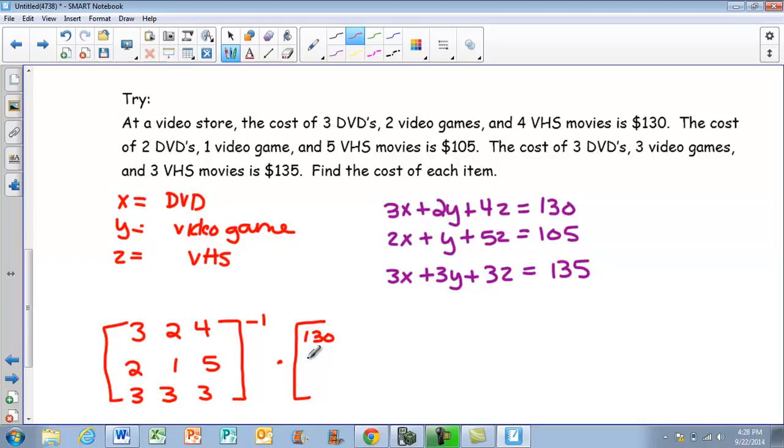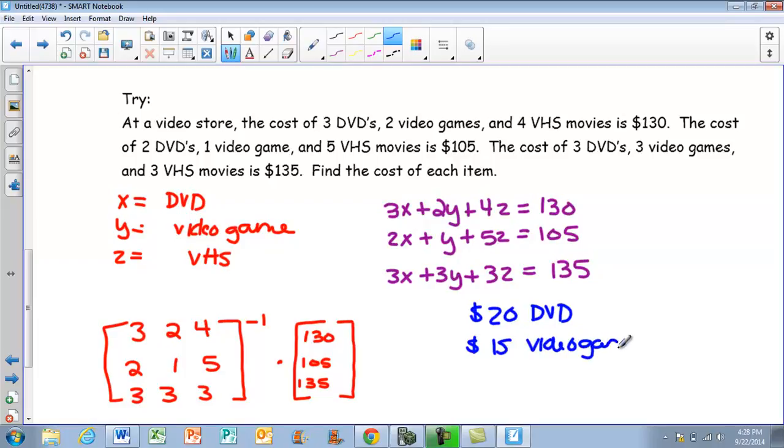So you're going to multiply it by 130, 105, and 135. And then you're going to go ahead and convert your answers. So your answers here should be $20 for a DVD. Then we have $15 for a video game. And then it is going to be $10 for a VHS.